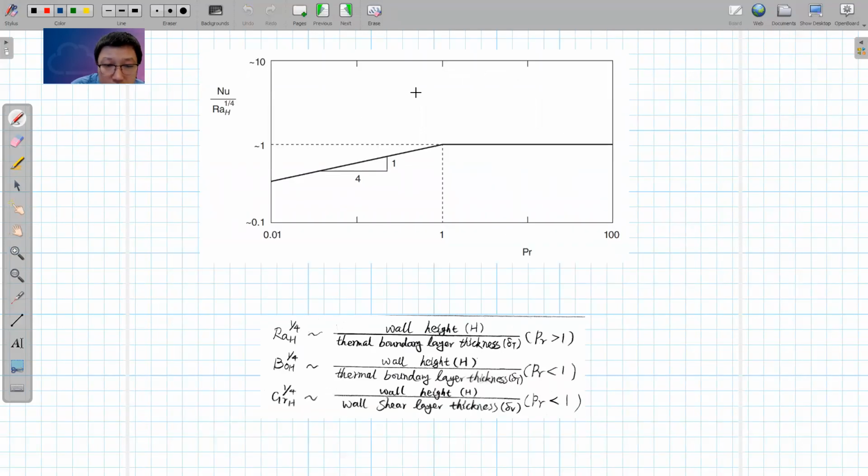And you can also additionally have the result for the Nusselt number. If you take the Nusselt number divided by the Rayleigh number to the power of 0.25, then when the Prandtl number is smaller than 1, you will have a 1/4 correlation to this.